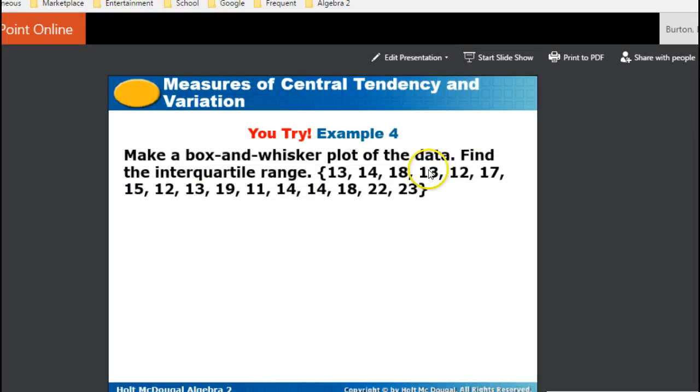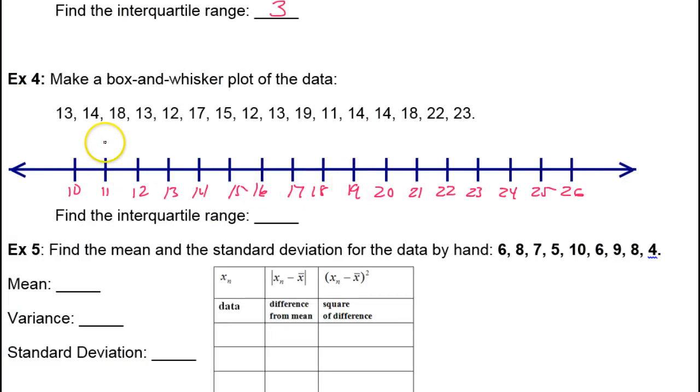Okay, so my minimum was what, 11? And what was the first quartile? 13. And the median? 14. All right, the third quartile? 18. And the maximum? 23.